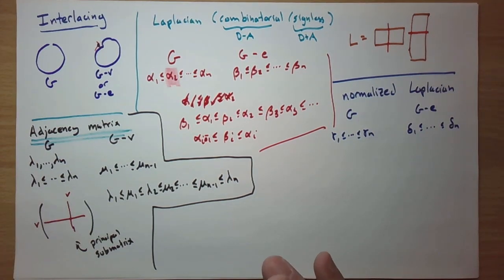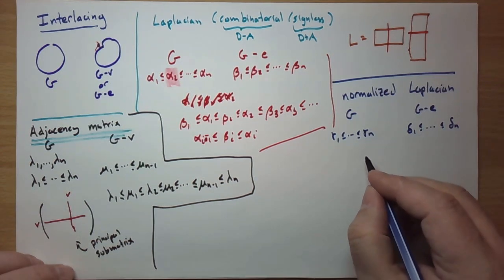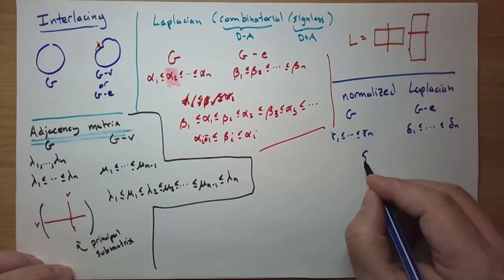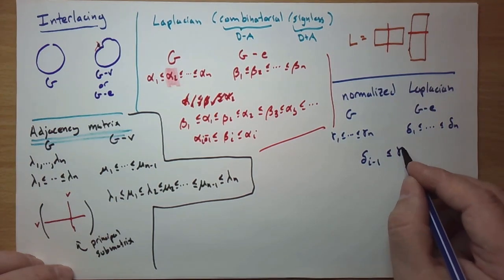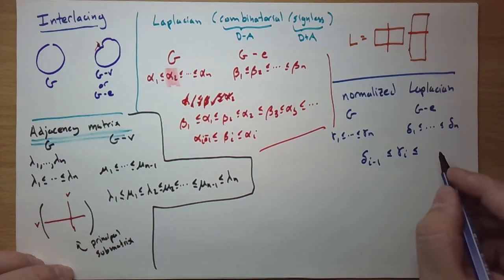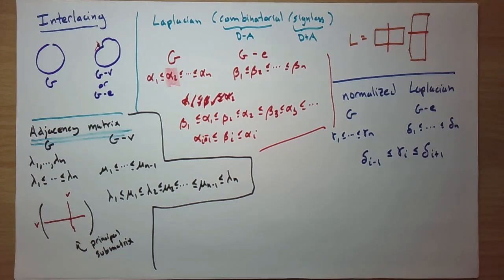And now, what happens? Well, you get that delta I minus 1 is less than or equal to gamma I is less than or equal to delta I plus 1.